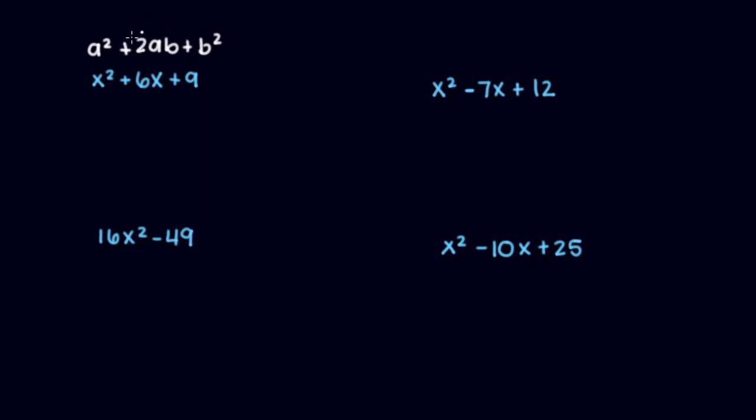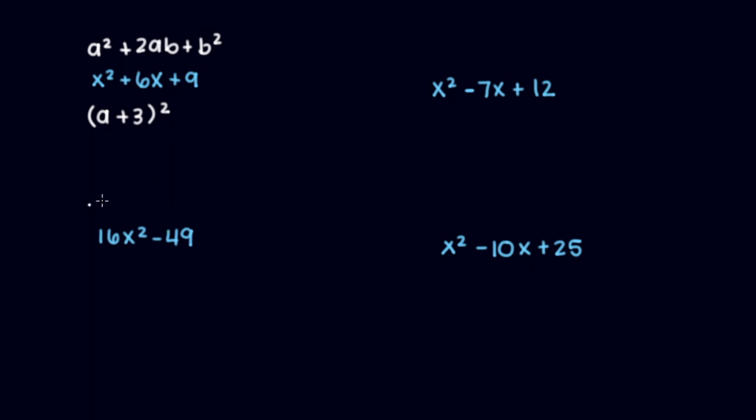So now we look at the middle and we have 2 times x times 3, which is 6x. So we know that this follows a perfect square trinomial and can be factored to equal x plus 3 squared.